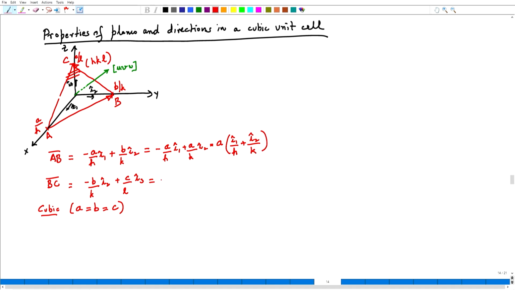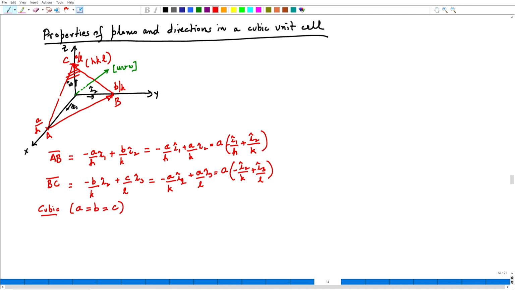Similarly, for the vector BC, it is minus a by k I2 plus a by l I3, and again let us take a out. So, it is a times minus I2 upon k plus I3 upon l. So, I have now these vectors expressed like this.